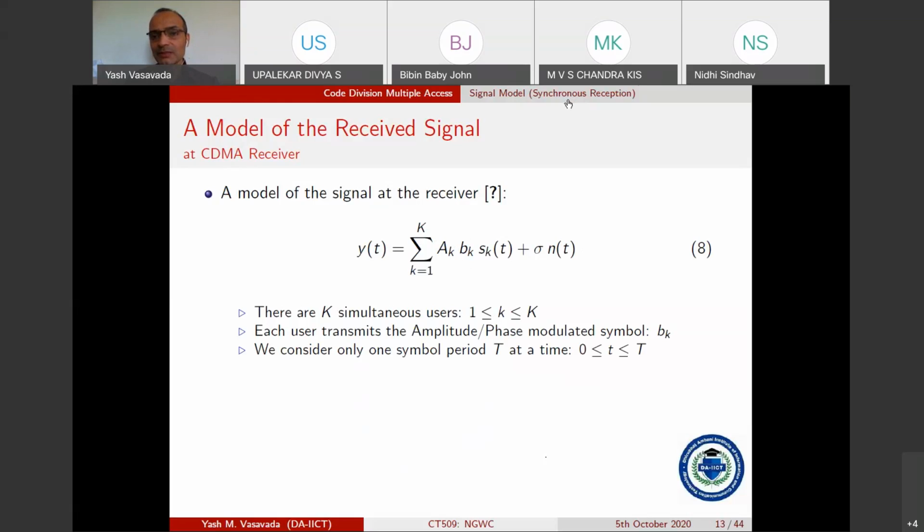It's a simplifying assumption, but it will allow us to get a full handle on the problem itself. And so in the case of synchronous receptions, we can consider only one period of symbol at a time. So here, the time variable t is confined to only one symbol duration. And over this symbol duration, different users' transmissions are synchronized. That is what is shown by the first term of this equation.